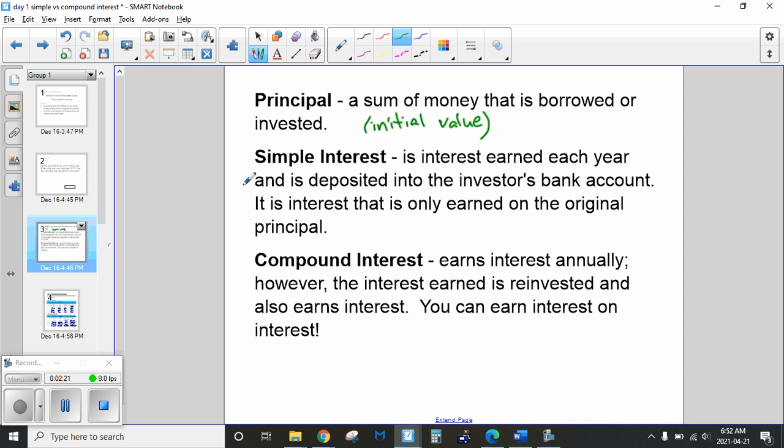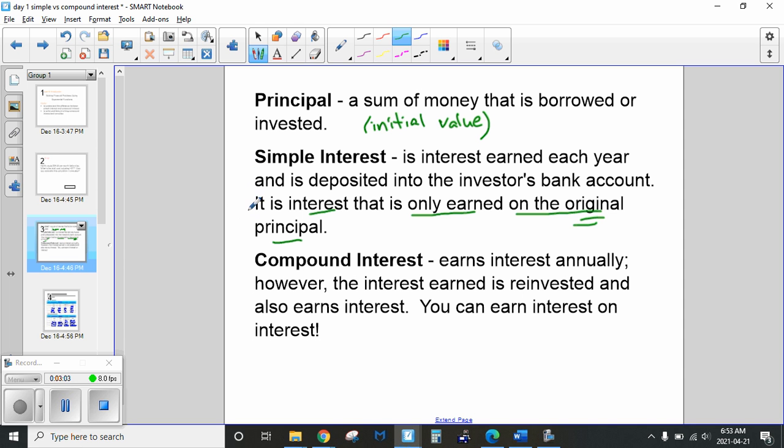Simple interest and compound interest, that was one of the goals, being able to distinguish between those two. So simple interest is earned each year, and then it is deposited into your bank account. Interest is only earned on the original principal. So even though your bank balance is growing every year, to do this interest calculation, the bank will always look back to how much you put in originally and kind of ignore the interest that has been growing, which means that the interest amount will be the same every year.